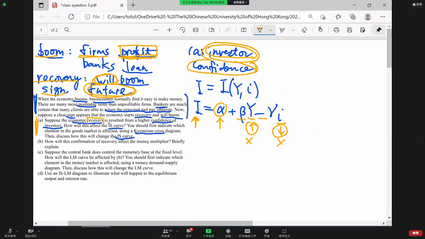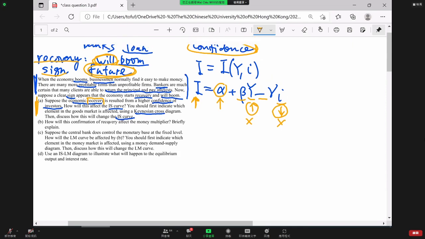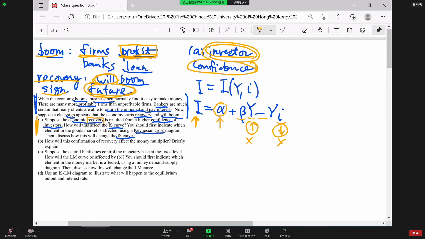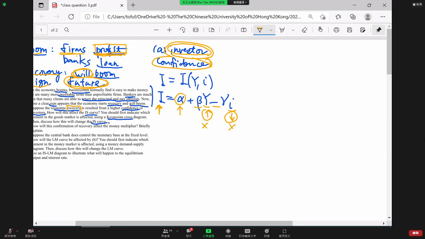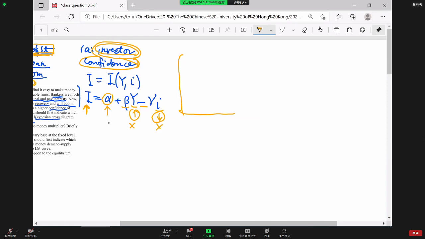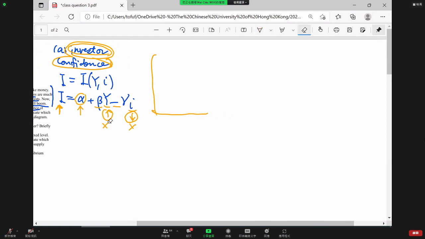Okay, now if this is the situation, consider how you can use a diagram to express it. Firstly, you have to look at what happened in the goods market, as required by the question, right?